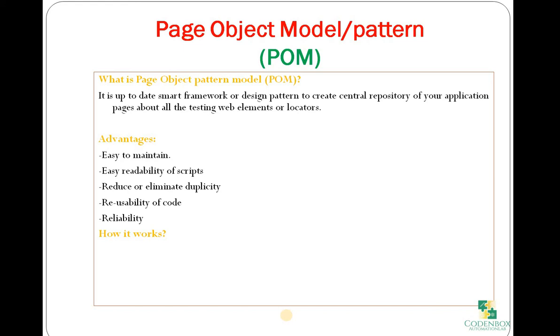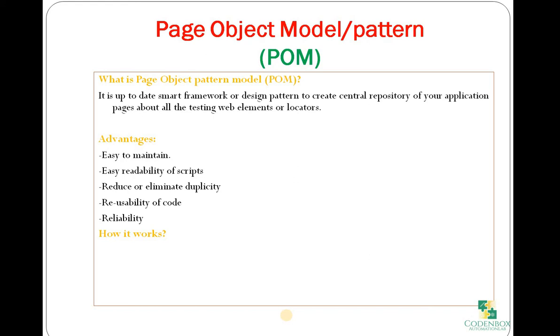So during your testing life cycle, if for any reason the address or locator of one of the elements gets changed, and that element is used in 20 different test cases or methods, if you have one central place where you have the address or locator for this specific web element, you don't have to go to 20 different places to change or update those web element locators.